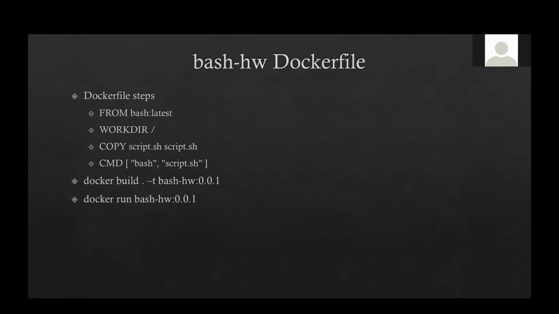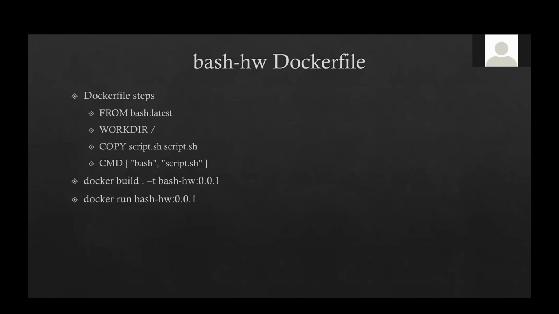So ideally you should be saying bash colon version of the bash image. Then work directory is a directive that says where you are when you are inside the execution tree, where exactly are you, right?